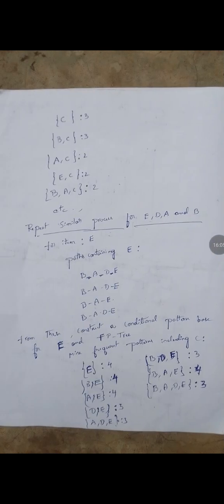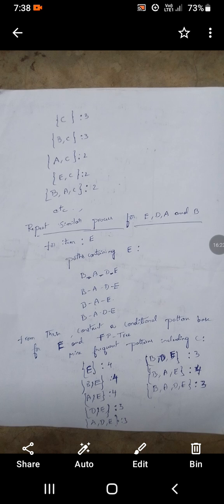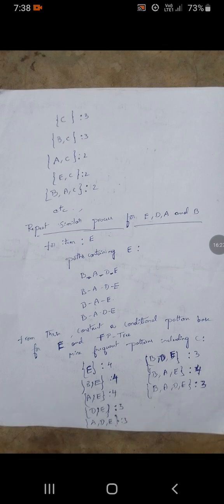After identifying the paths, we have to construct a conditional pattern base for E and FP tree, and mine the frequent patterns. We have to identify the single item sets, double item sets and triple item sets.